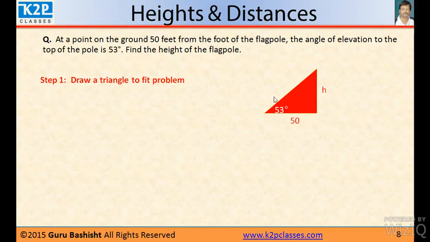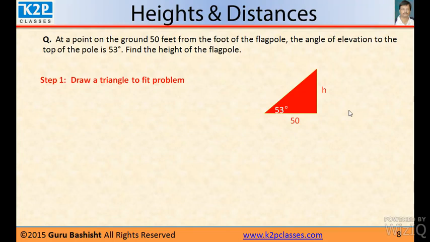This is the distance. What is written? Point on the ground 50 feet from the foot of the flagpole. The angle of elevation upward is 53 degrees. Then find the height of the flag. You have to find this h.